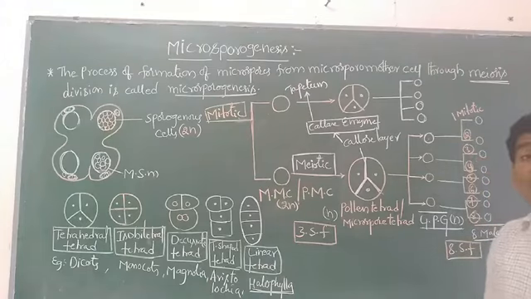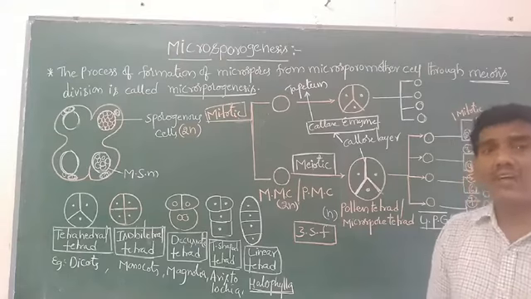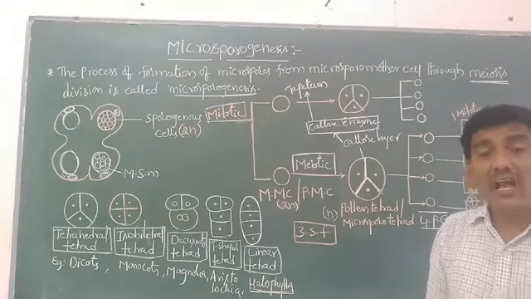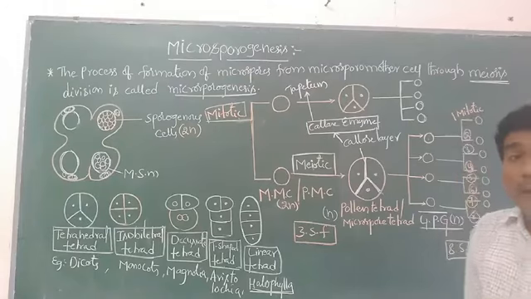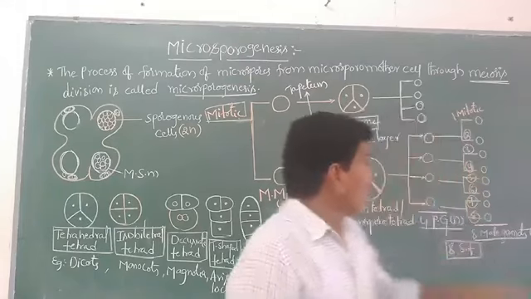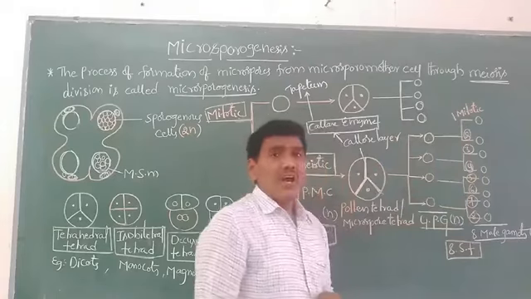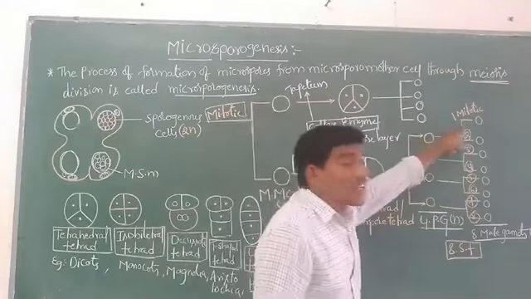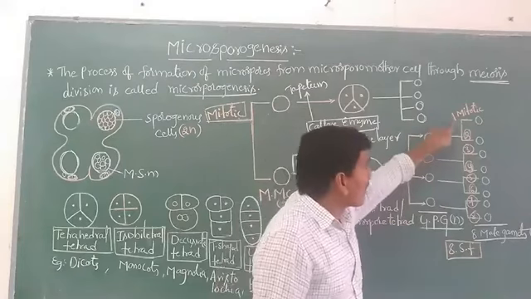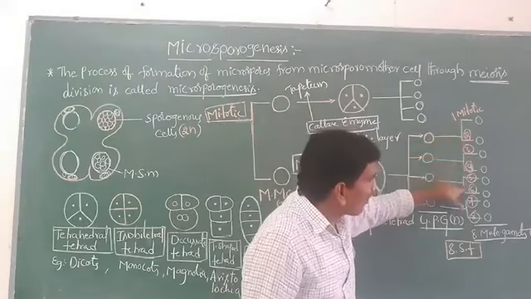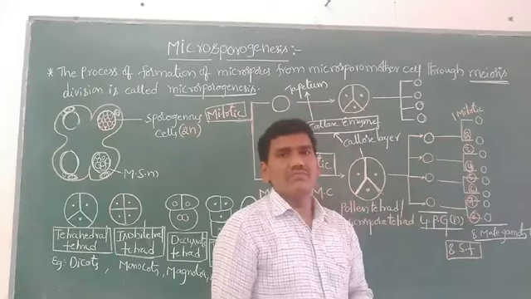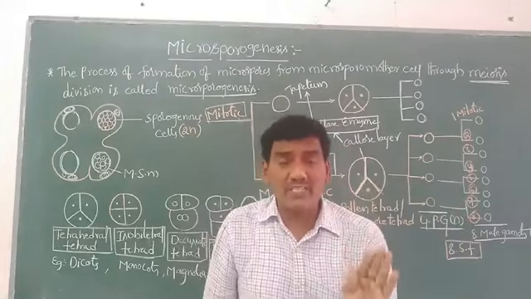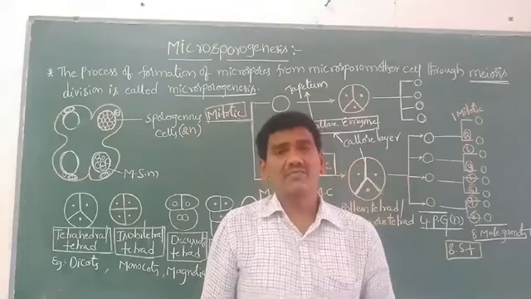The ploidy of the male gamete is haploid. For the formation of the eight male gametes, how many mitotic divisions are required? Eight mitotic divisions: 1, 2, 3, 4, 5, 6, 7, 8.